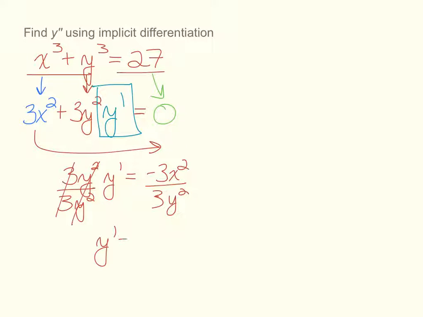So we have y prime equals negative 3x squared over 3y squared. And this can be simplified. We can reduce this 3 with this 3 and get negative x squared over y squared.